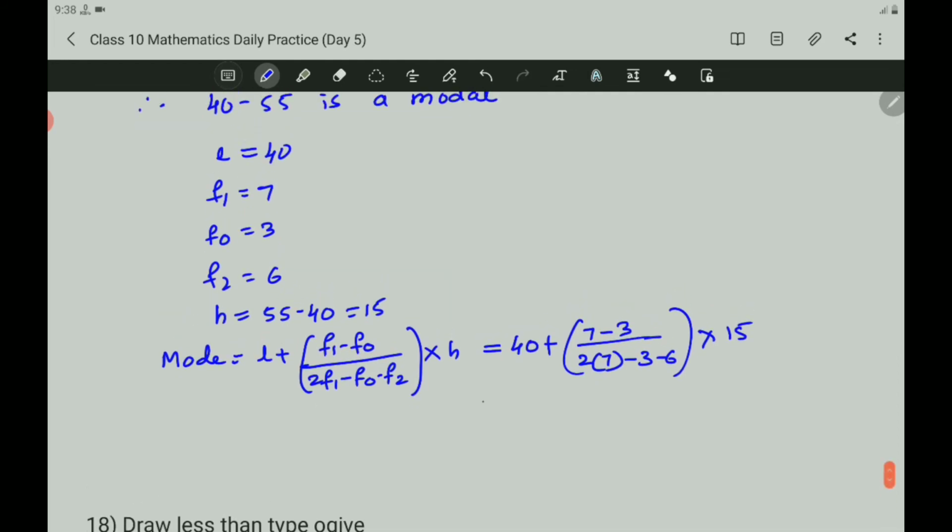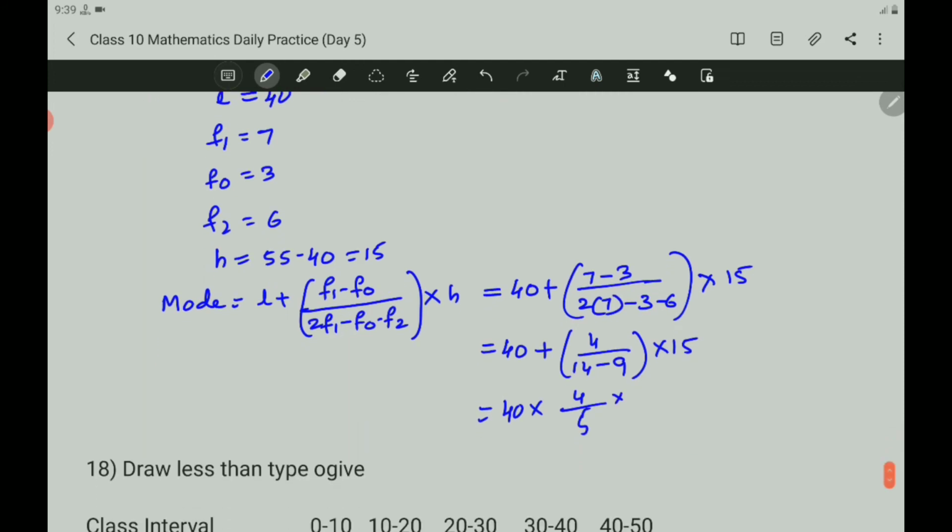Then you take 40 plus 7 minus 3 is 4, 2 sevens are 14, 14 minus the sum of minus 3 and minus 6, which is minus 9, into 15. That equals 40 plus 4 by 14 minus 9 is 5, into 15.